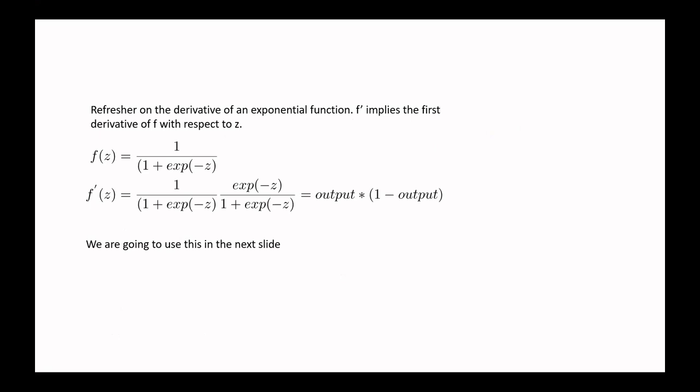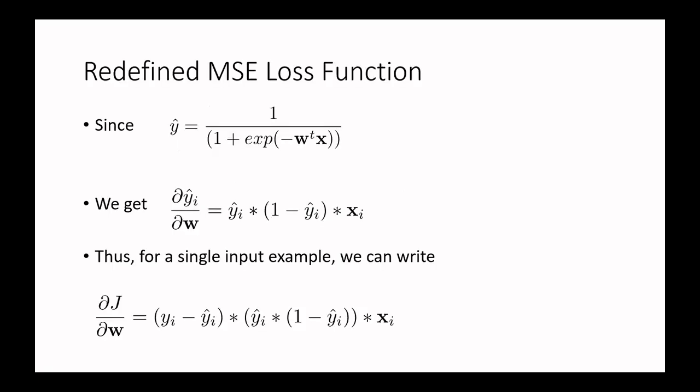So if you are using a sigmoidal function, which is shown here as f of z, all right, then f dash, which is the derivative of that function with respect to z. Basically, if you do the differentiation, that is the expression you will get. All right. So basically, the derivative can be written as output times 1 minus output. So what we will do is we will use this information in our weight adjustment scheme.